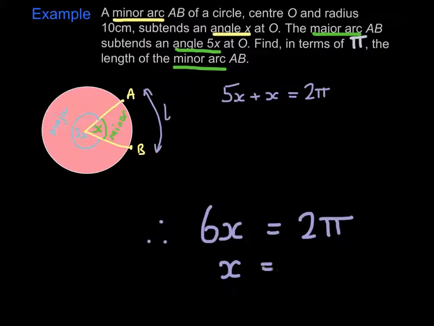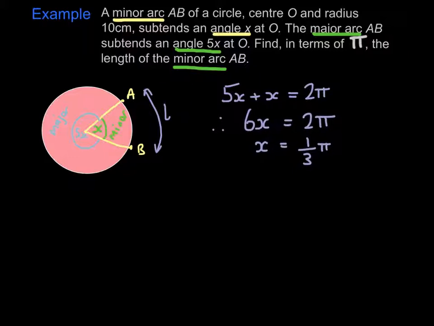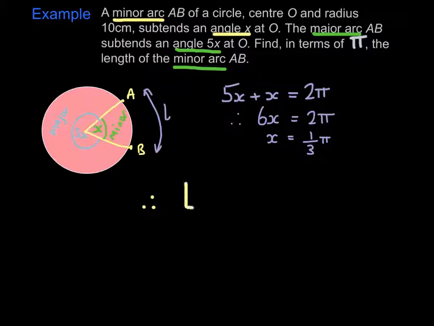So x is going to be equal to, if I take the 6 across the other side, a third pi. Just take the 6 across, you've got 2 over 6, cancels out to a third. Now we often leave radians in terms of pi as well, because it gives us the angle a bit more accurately. And that's the only hard bit of the question really.